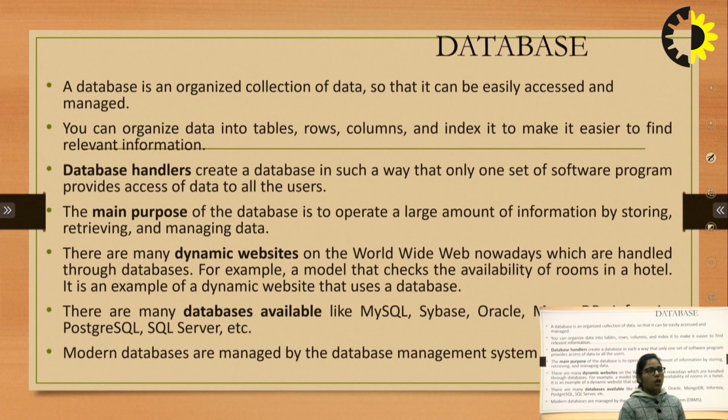processes. Now, what is a database? A database is an organized collection of data so that it can be easily accessed and managed. You can organize data into tables, rows, columns, and indexes to make it easier to find relevant information. Basically, suppose we have lots of data in unstructured format.